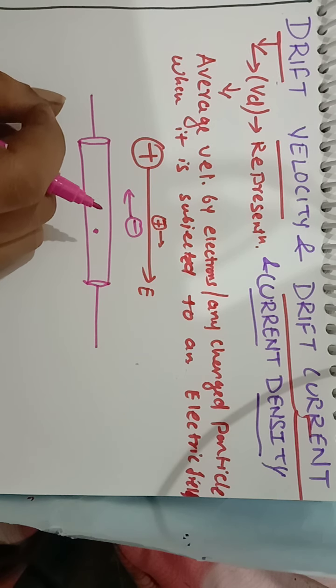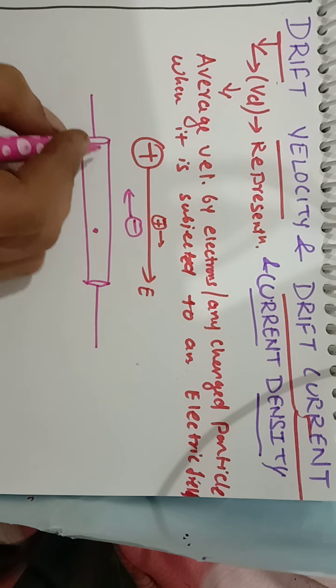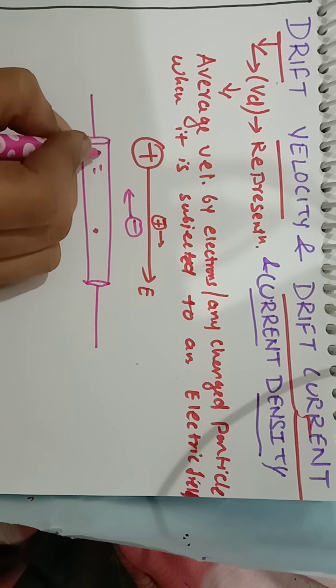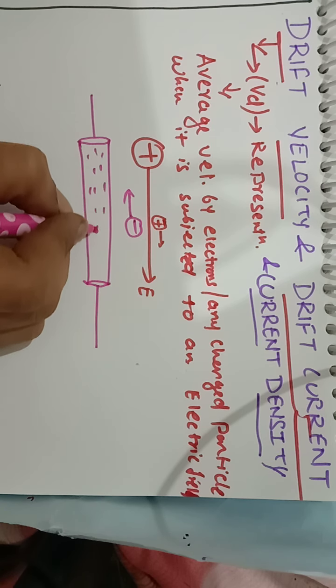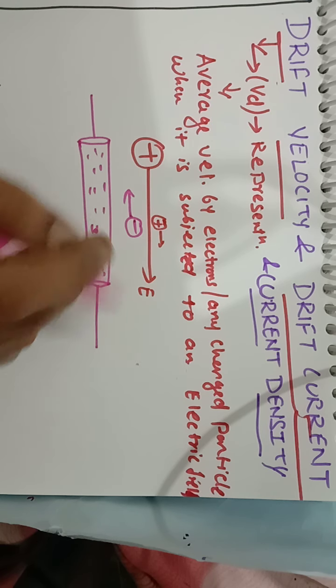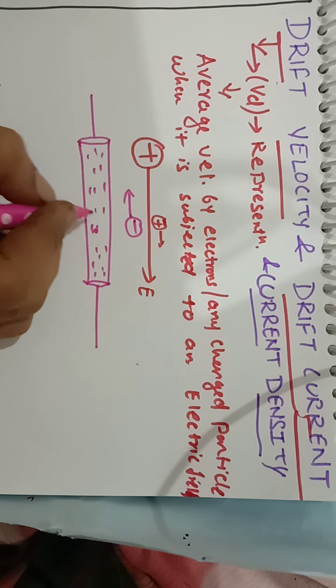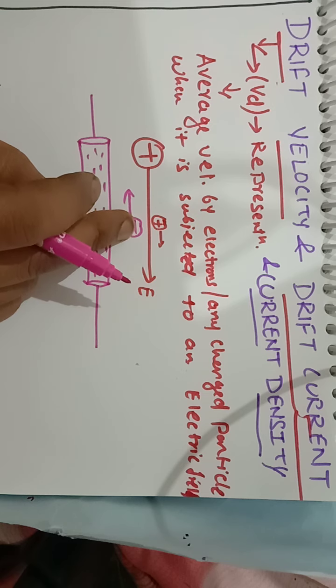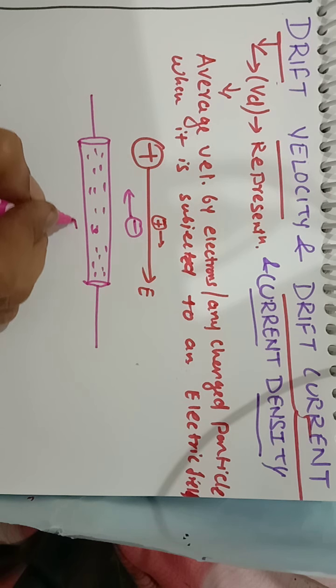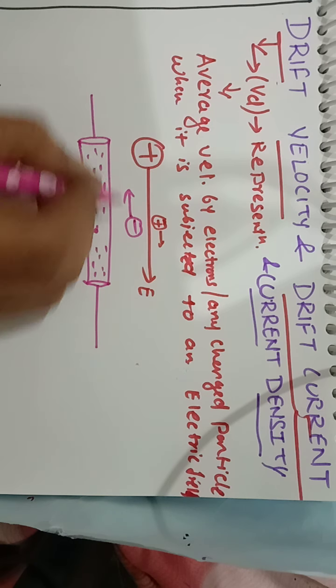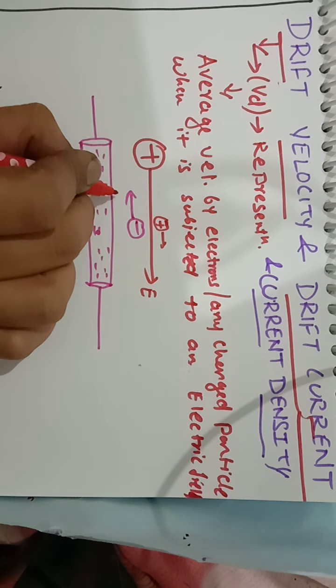When electrons are in this wire and it is subjected to an electric field, these electrons are negatively charged, so they will move opposite to the electric field.